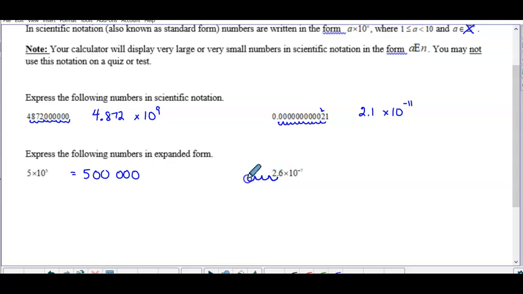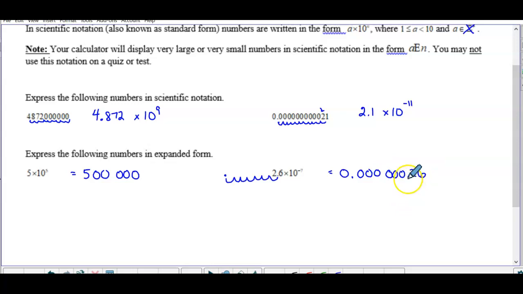So 1, 2, 3, 4, 5, 6, 7. I always like to put 0 decimal, that's proper form. And then if we're moving 7 to the left, we've got a 2 already in there, one of the 7 decimal places, so there's going to be 6 zeros filling it in.